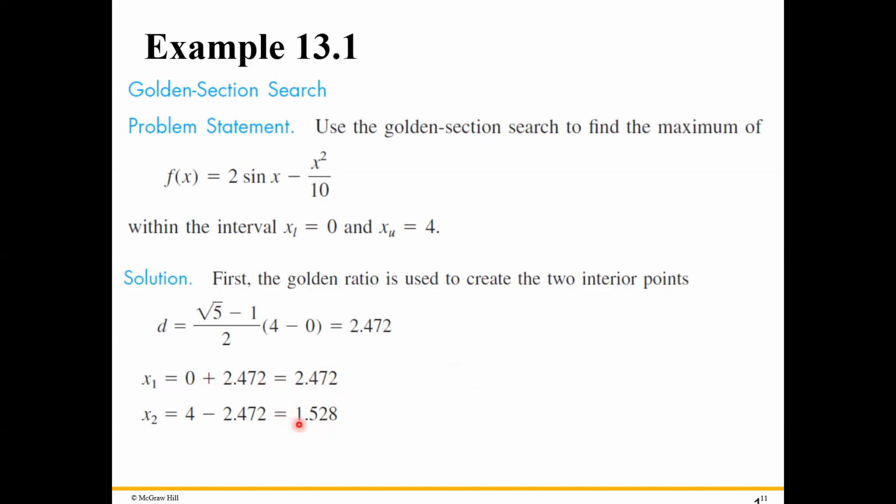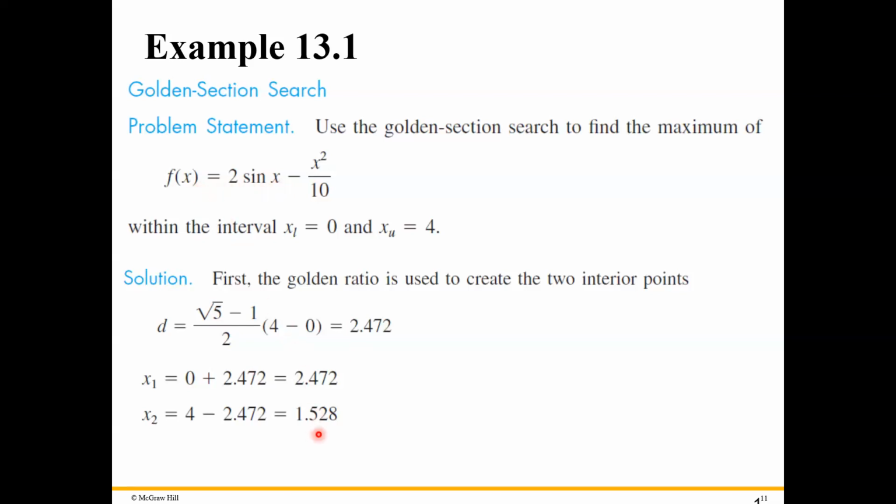This will always happen because of the use of this golden ratio. After we determine x1 and x2, we will find the value of the function at x1 and x2. That means if we input x equal to 2.472 into this function, we will find the value of the function.